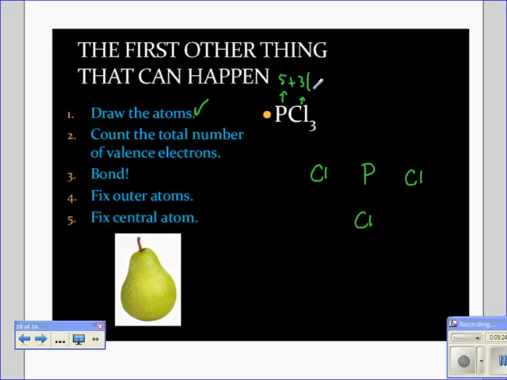Each of those gives me 7. Group 5, 5. Group 7, 7. 5 plus 21 is 26. Okay. Bond, bond, bond. 2, 4, 6 leaves me with 20.